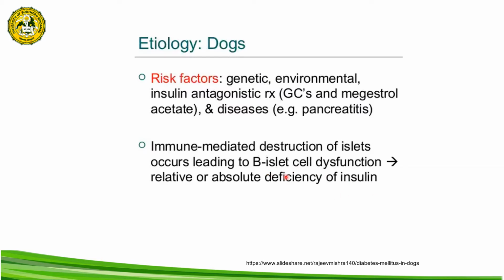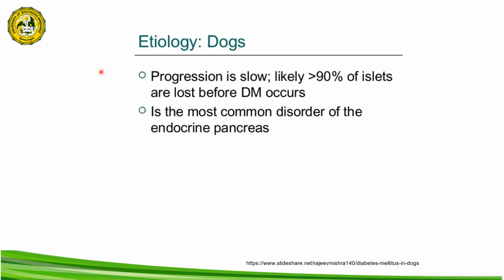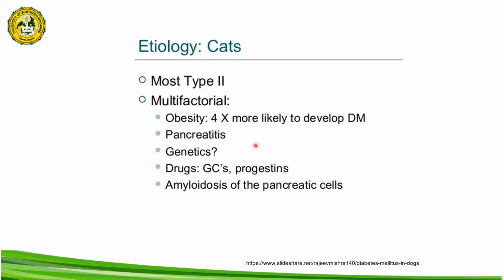Now, because the beta islet cells are the cells that are producing the hormone insulin. So it is said that diabetes mellitus in dogs has a slow progression. So likely more than 90% of the islets are lost before DM occurs. It is also considered the most common disorder of the endocrine pancreas in dogs.